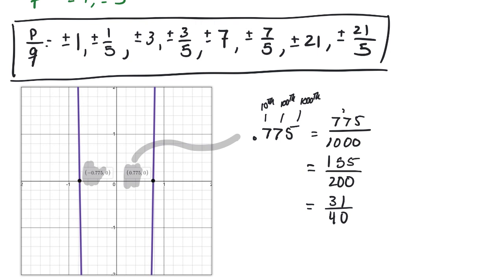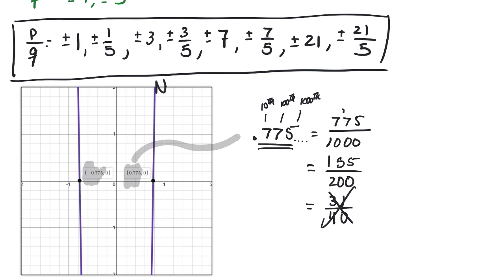Now, if I look to see if that is one of my solutions, none of these are 31 over 40. That means that this answer that we found is not correct, and this number, 0.775, must have more decimals behind it. We just don't know what it is.